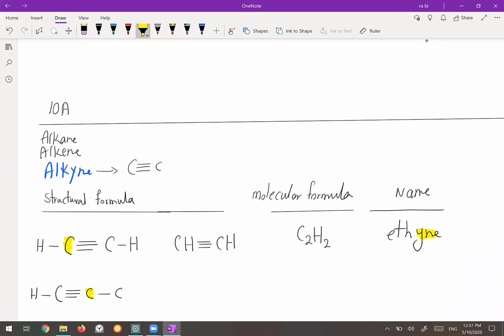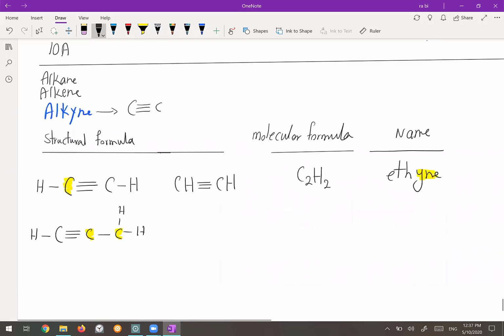Three with the carbon at the left, one of them with the carbon at the right. So it doesn't need any hydrogen. The carbon which is at the right side needs three hydrogens. This is the uncondensed structural formula for the second member of the alkyne homologous series.